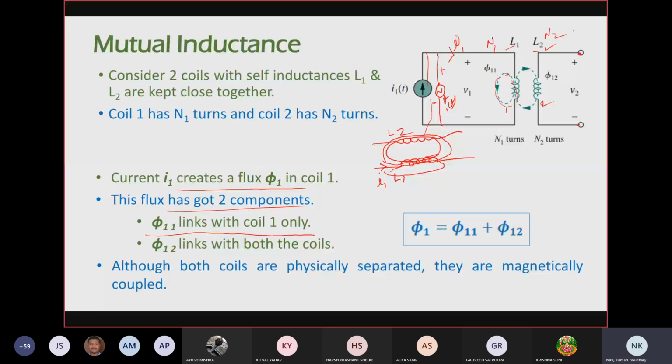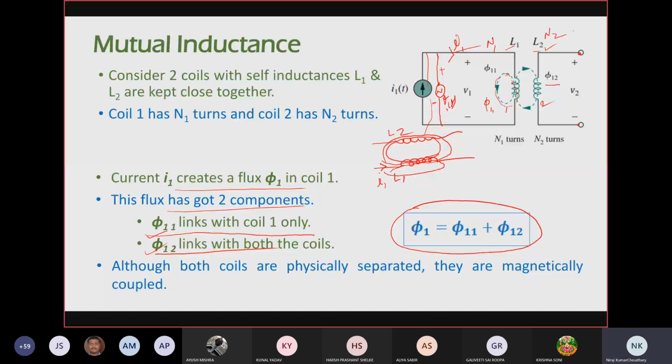So the combination of these two components of the fluxes, that is phi 11 and phi 12, is your total flux linked with coil or produced due to the flow of current I1 through the coil L1, right?